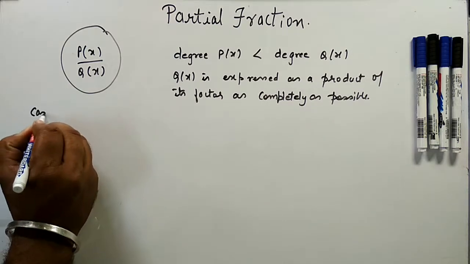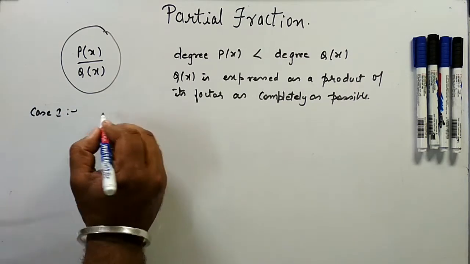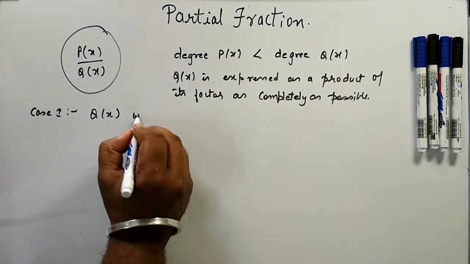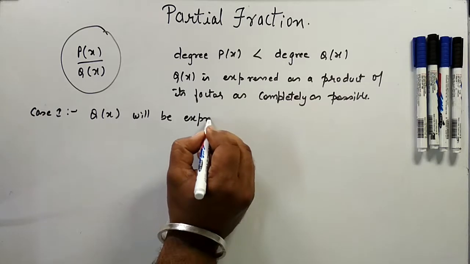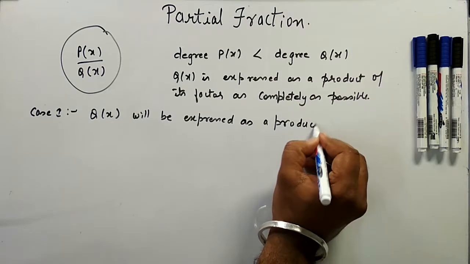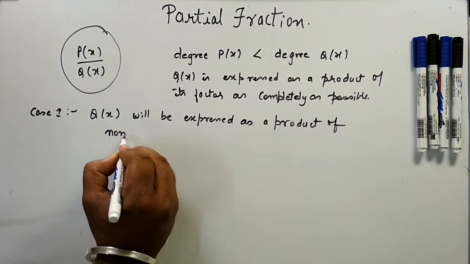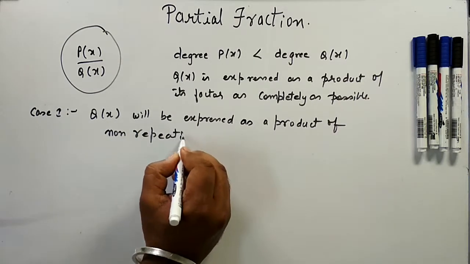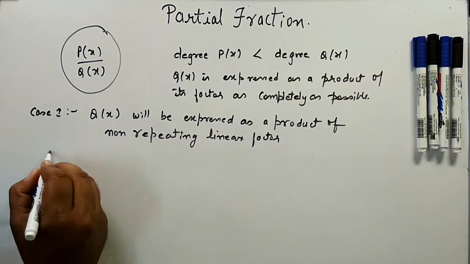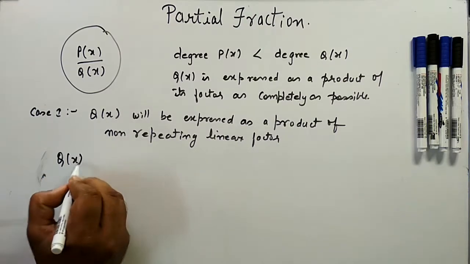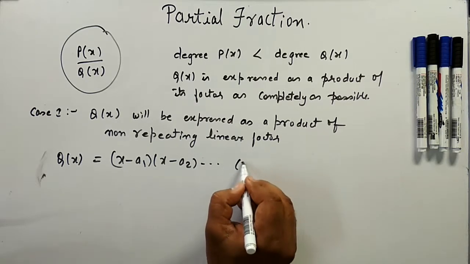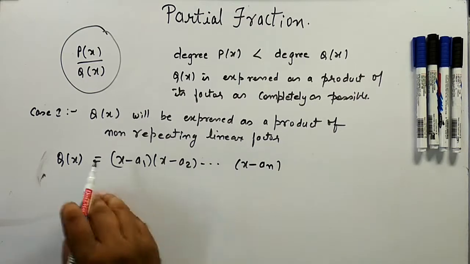Okay, in case 1, q of x will be expressed as a product of non-repeating linear factors, like this: q of x equals x minus a1 into x minus a2 up till x minus an, if there are n factors.